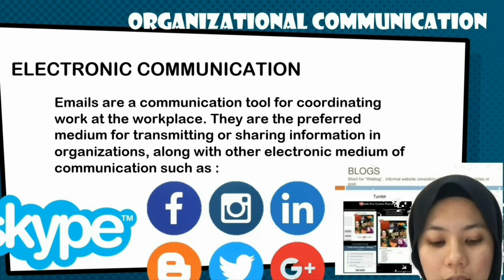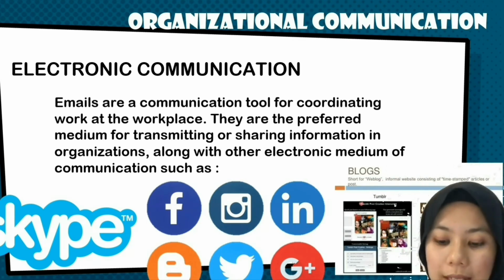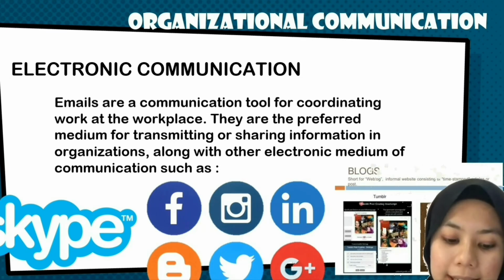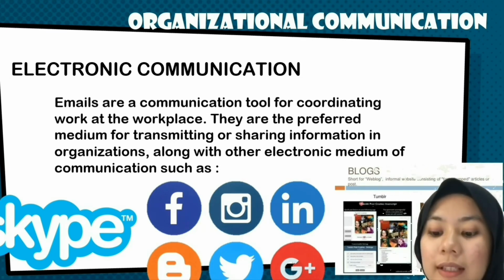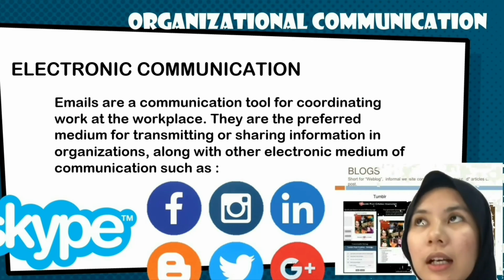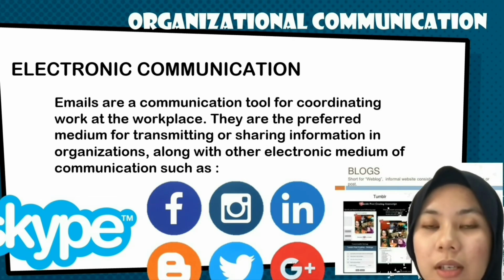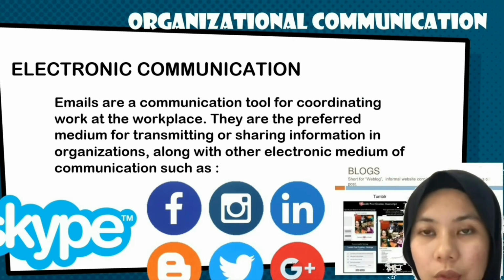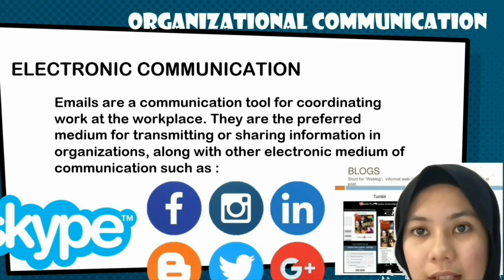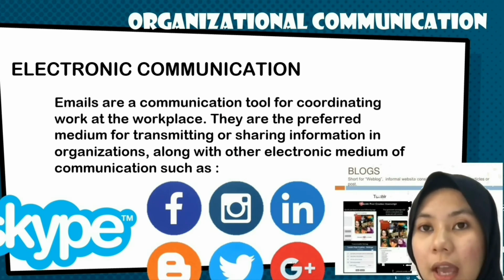In organizations, people prefer something easy for sharing communication with others, such as apps like Facebook, Twitter, Skype, WhatsApp, or something else that we can use to easily share information without face to face. So we use electronic communication to make it easy for everyone.